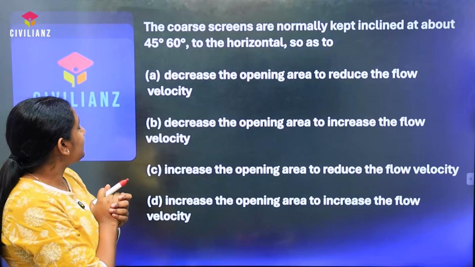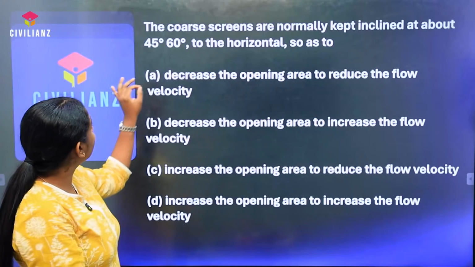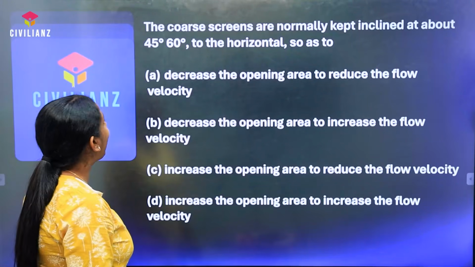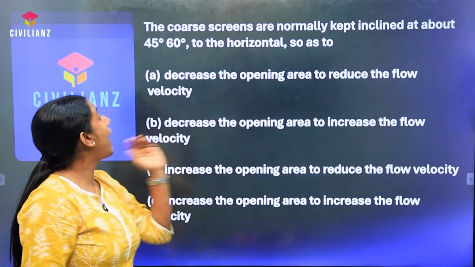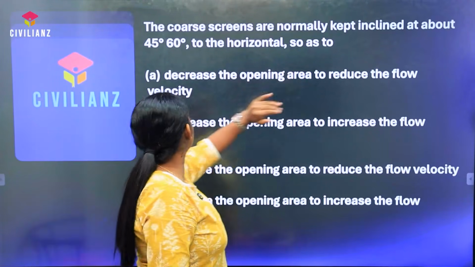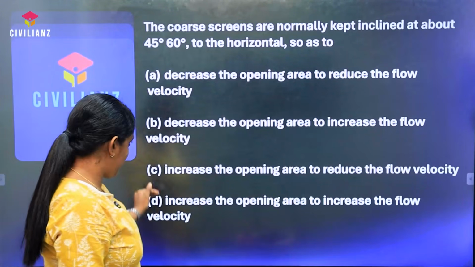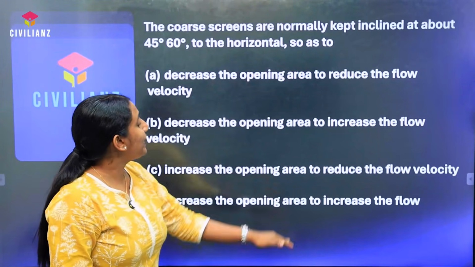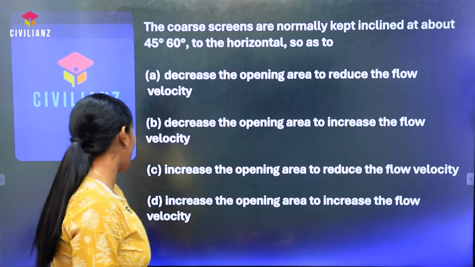So next question. The screens are normally kept inclined at about 45 to 60 degrees to horizontal so as to: option A, decrease the opening area to reduce the flow velocity; option B, decrease the opening area to increase the flow velocity; option C, increase the opening area to reduce the flow velocity; and option D, increase the opening area to increase the flow velocity.